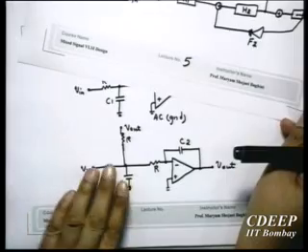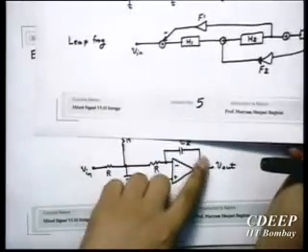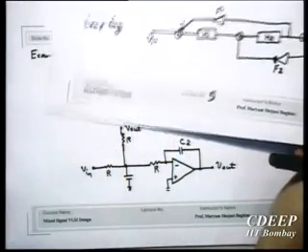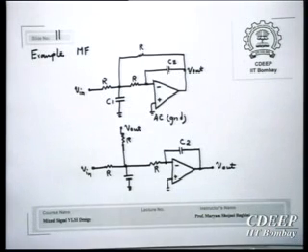So it is like that. You have put a low pass filter here. You put an integrator for H1 and then put a feedback, give it back. So this is a simple second order filter.